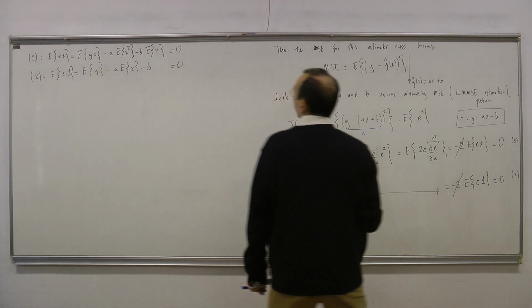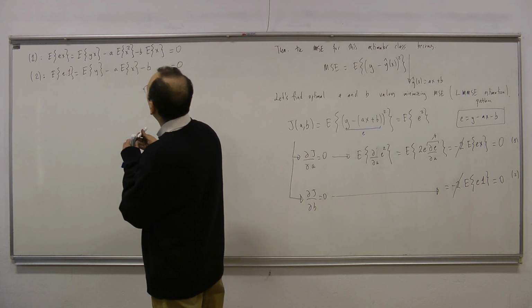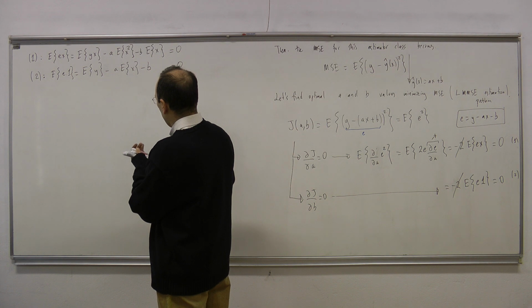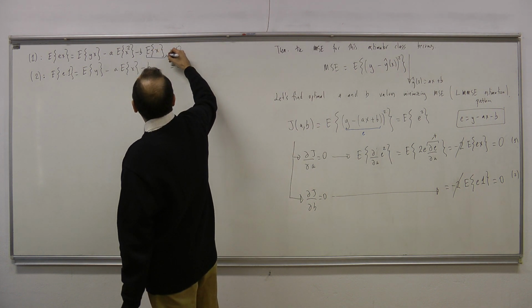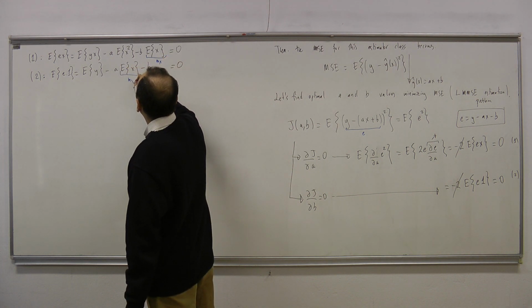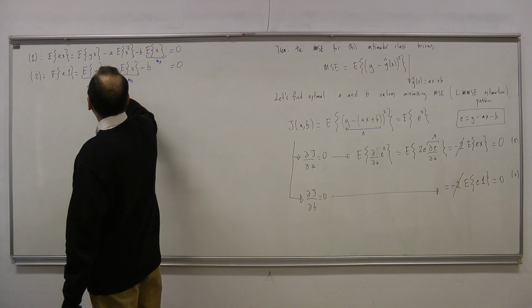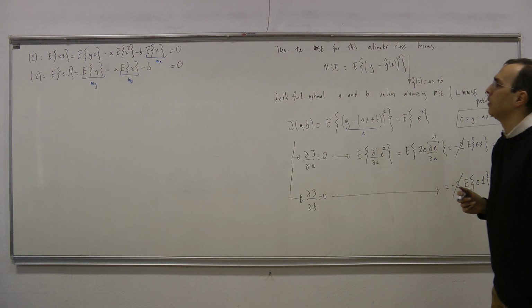Two equations. So let me introduce some notation for this. Let me call this mx, okay? This is mx. Let me call this my, mean of x, mean of y.